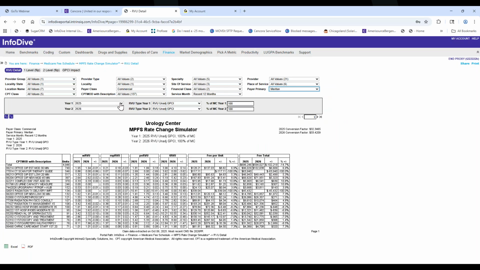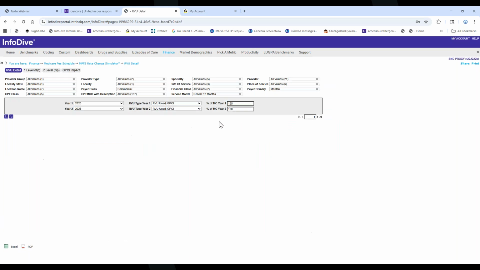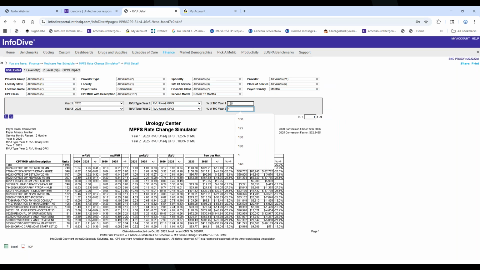And so maybe you signed your contract in 2020. And at that time, they said, we're going to pay you 125% of the current Medicare fee schedule. What you want to show them is that if you keep that percentage in 2025 and you do the same amount of services and you get 125% of Medicare based off of the current year, you lost $500.